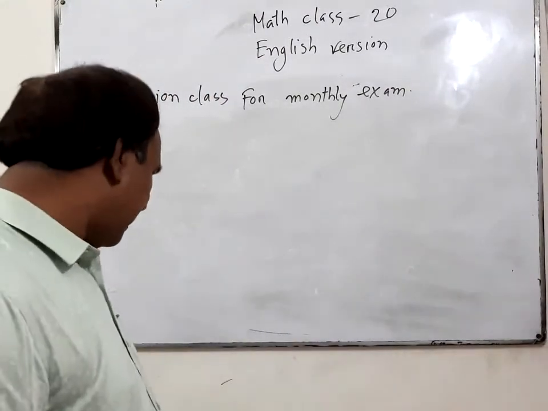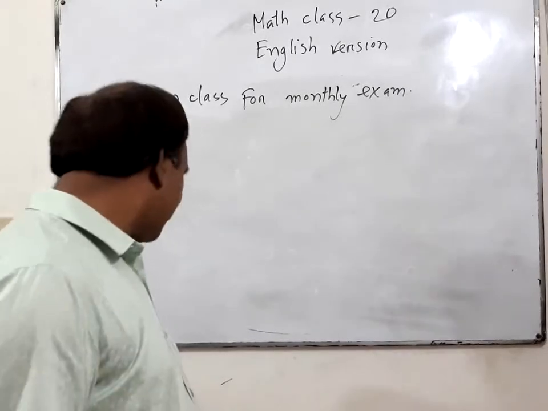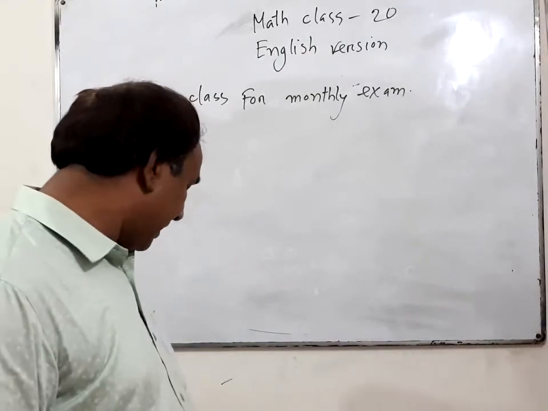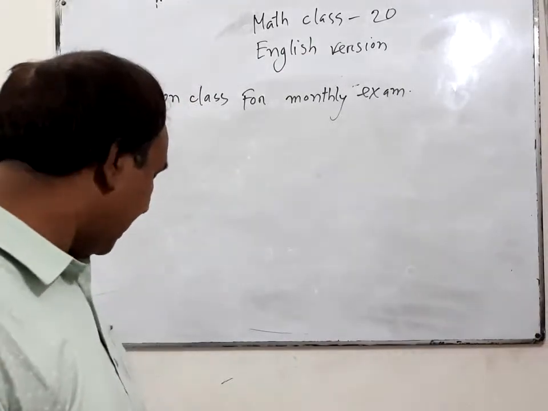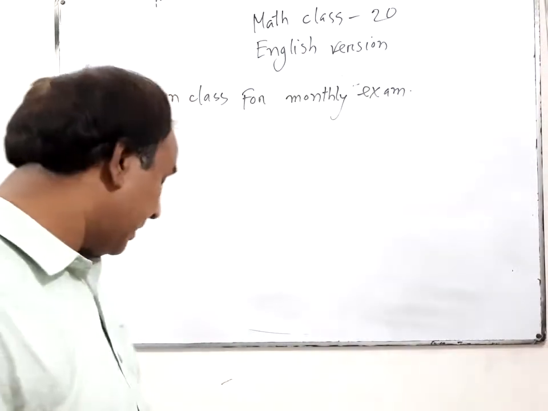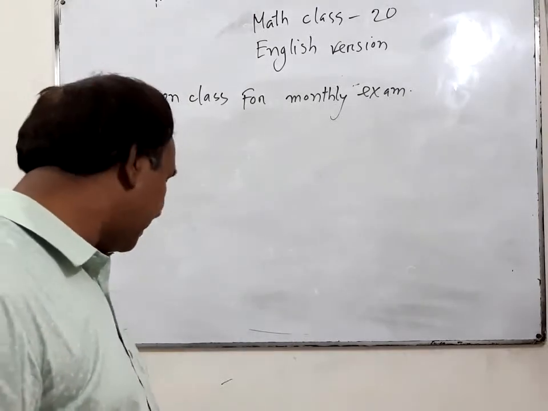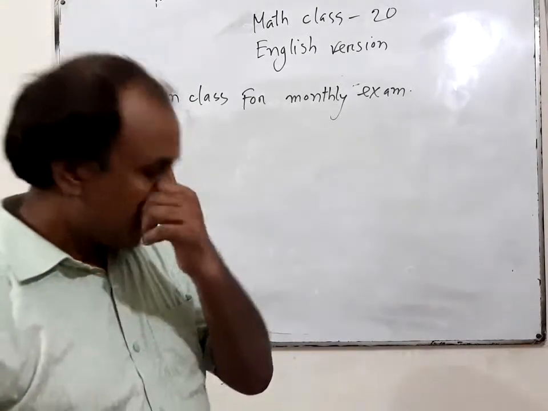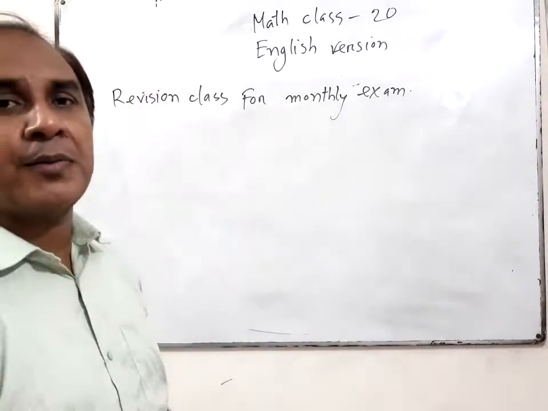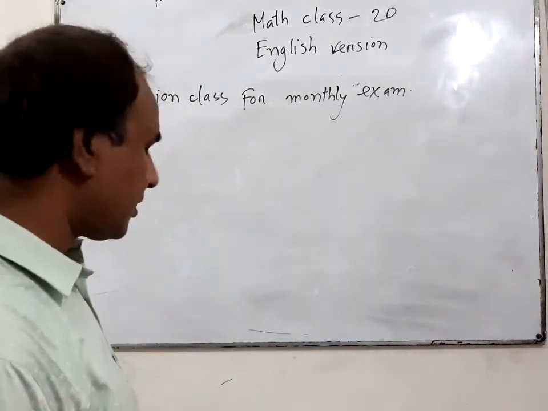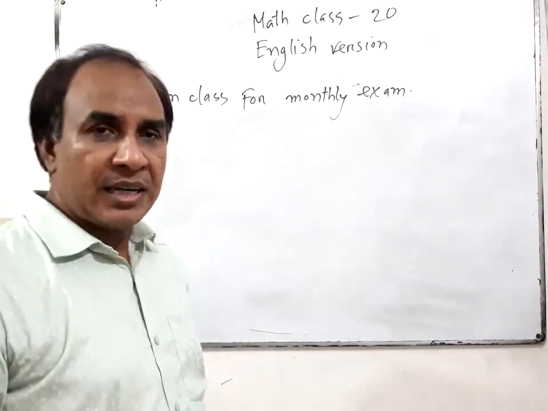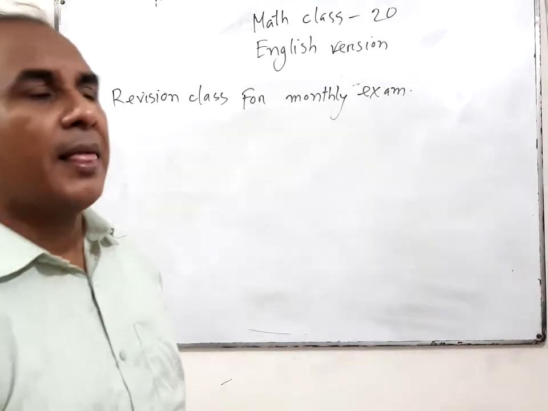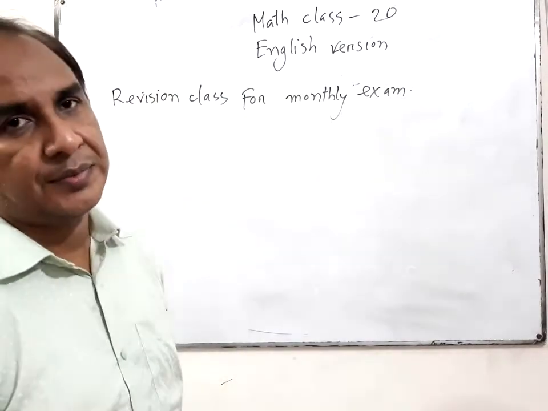So, in your textbook, page number 20, below there is fractions and common fractions. There is one question we have to mark. Common fractions are 3 types. One is proper fraction, another one is improper fraction, and mixed fraction.